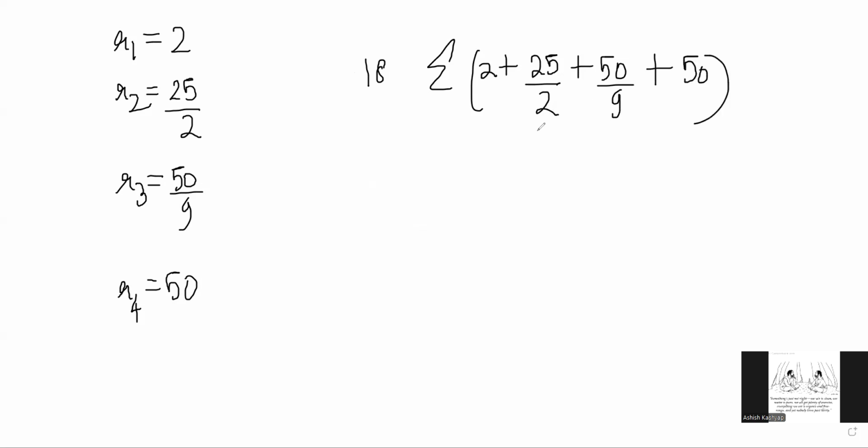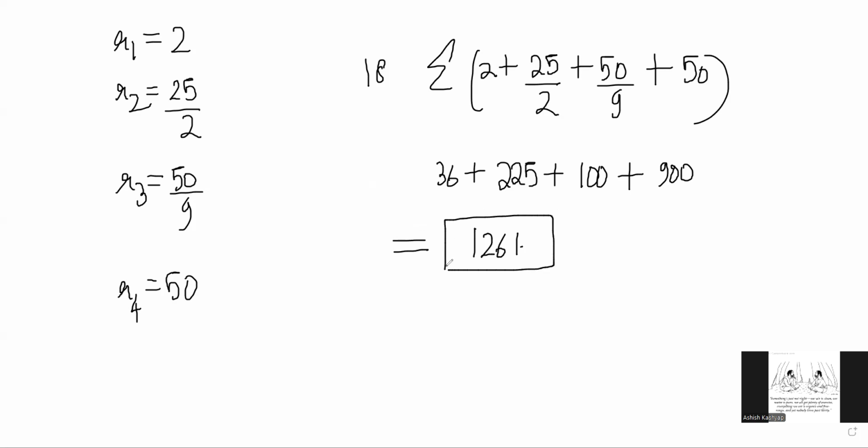So we are getting 36 plus 25 into 9, 225, plus 100 plus 50 into 18. So that will be 100 into 9, so 900. So this becomes 1125, 1225 plus 36, so 1261. So this is the required answer.